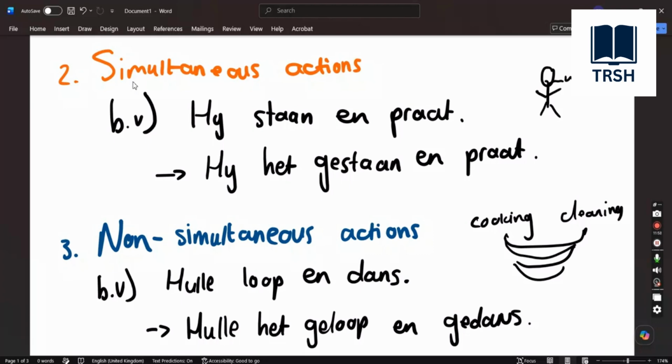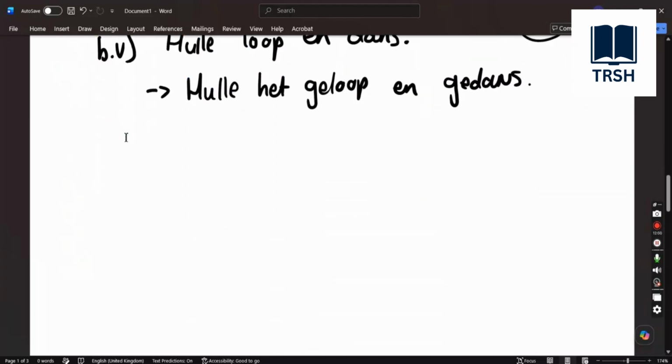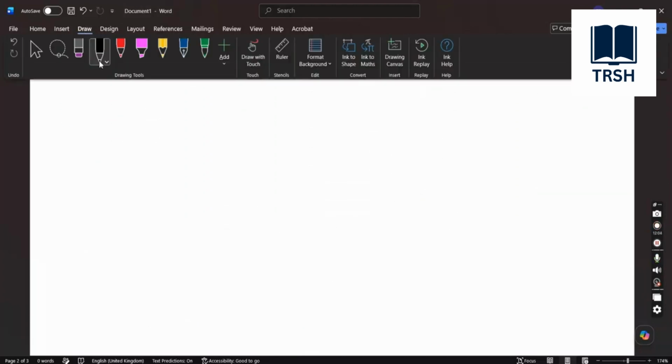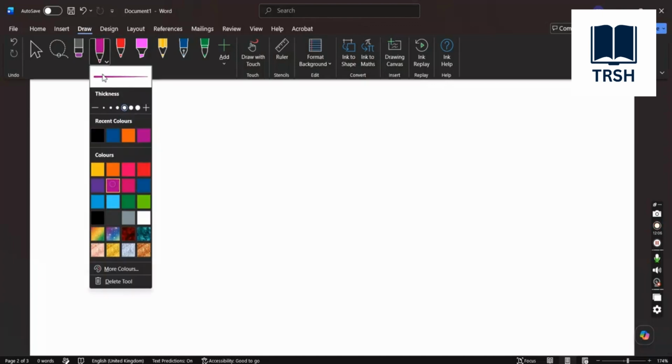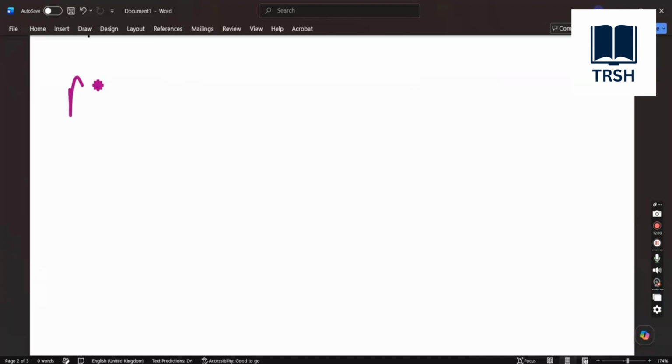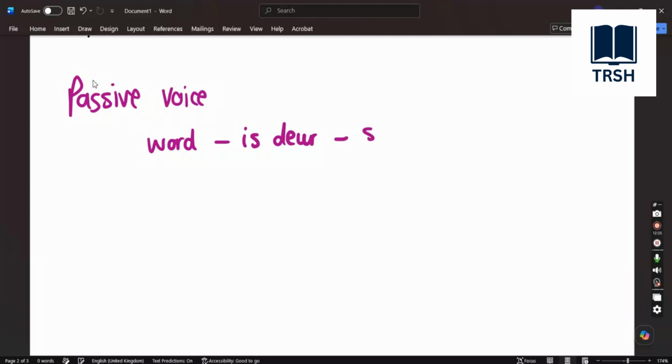And then when it comes to our next section, let's have a look at it. So when it comes to our passive voice, we have active and passive voice, "bedrijvende" and "leidende vorm". This is when we have, for example, "word", "is", "deur", or "sal", "deur".